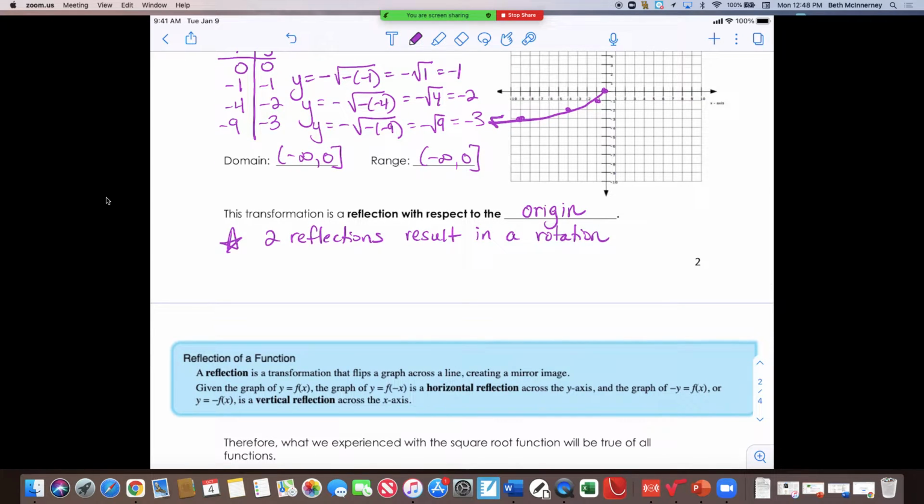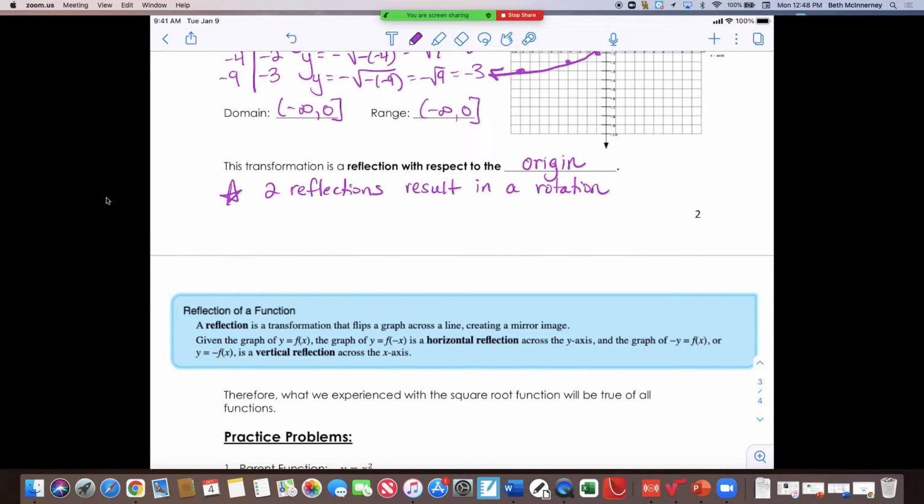In the blue box here, a reflection is a transformation that flips a graph across a line, creating a mirror image. When you have y equals f of x, the graph of y equals f of -x is a horizontal reflection across the y-axis.